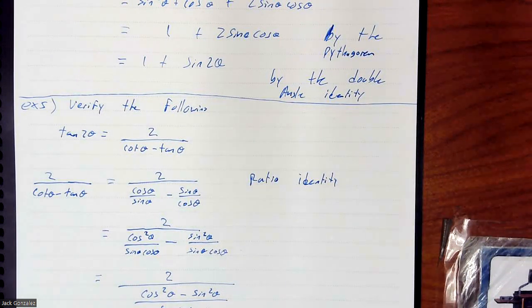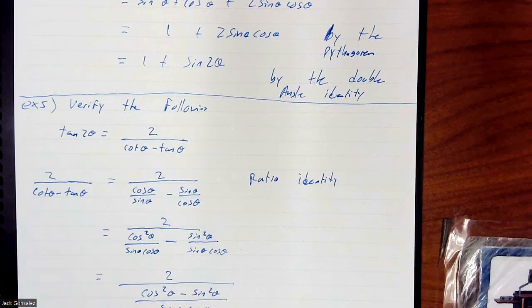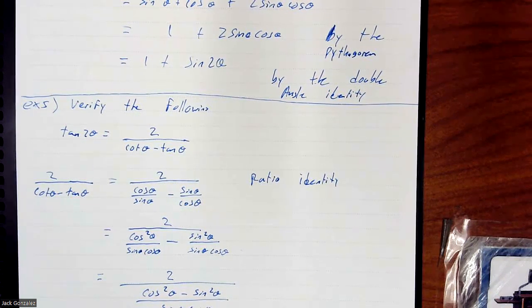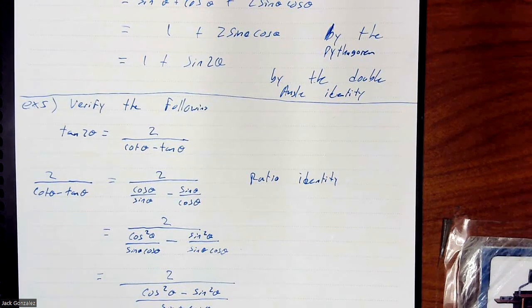Okay, so that'll flip over. We'll end up with 2 sine theta cosine theta over cosine squared theta minus sine squared theta.